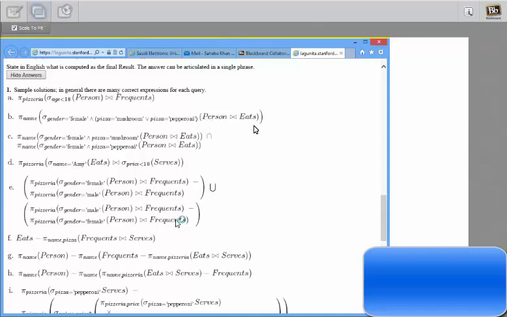The brackets are there because we need information from these two tables. So here person and eats, okay? So here female, we need to find out the females who eat either mushroom or pepperoni pizza or both, okay? So this way we can write down the information like that, okay?